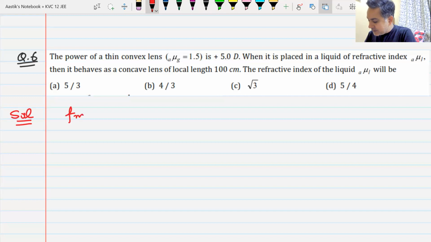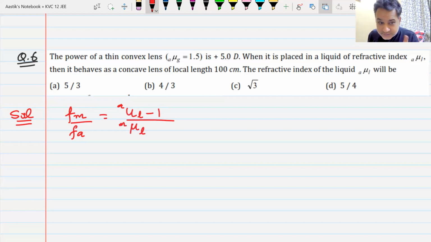Focal length in the medium divided by focal length in air equals, well done, mu of the lens in air minus 1, divided by mu of the lens in the medium minus 1. Remember that, right? That is the thing where you might be making a mistake.